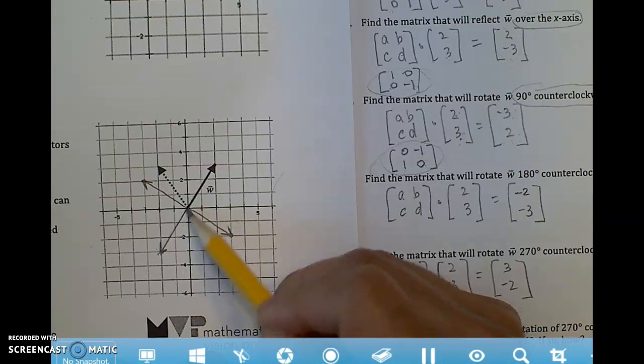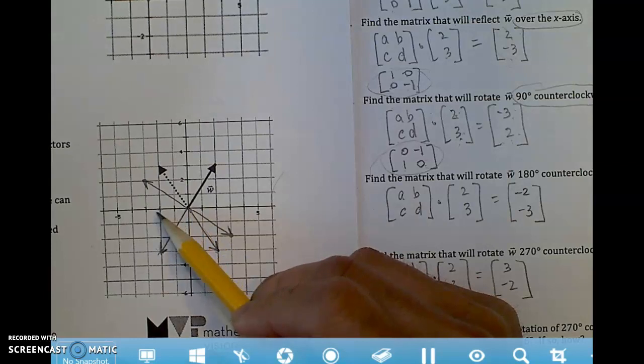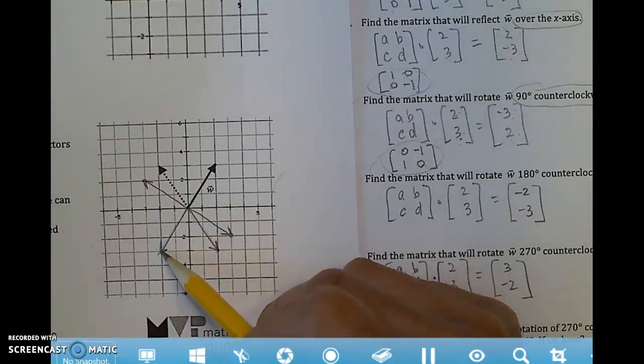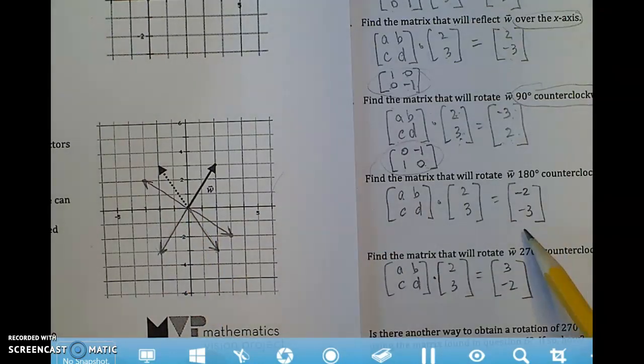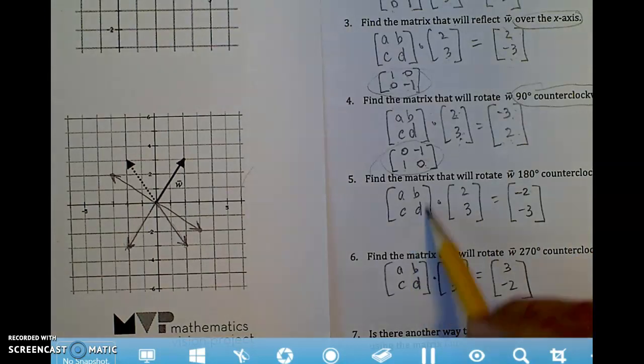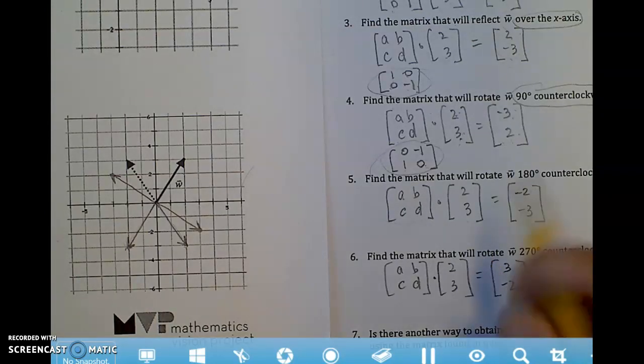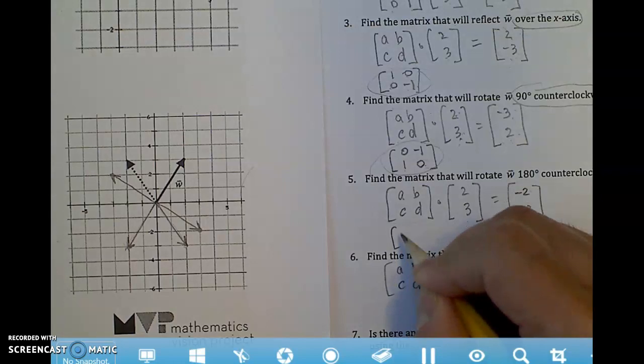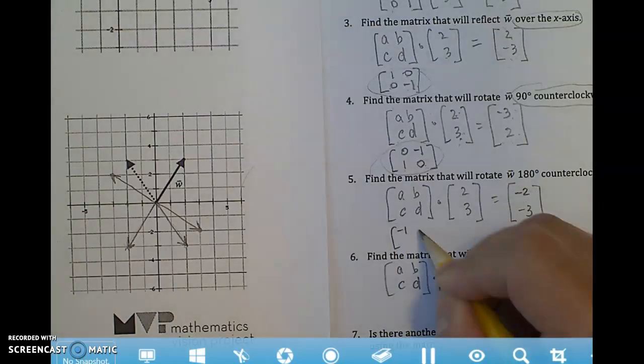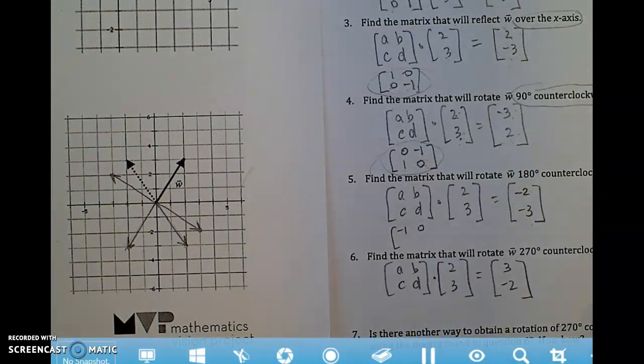For this vector, we go horizontal -2, vertical -3. So my resulting vector is -2 over -3. Trying to figure out what matrix I'm going to multiply by W to get this 180 degree counterclockwise rotation, I want my A value to be -1 and my B value to be 0.